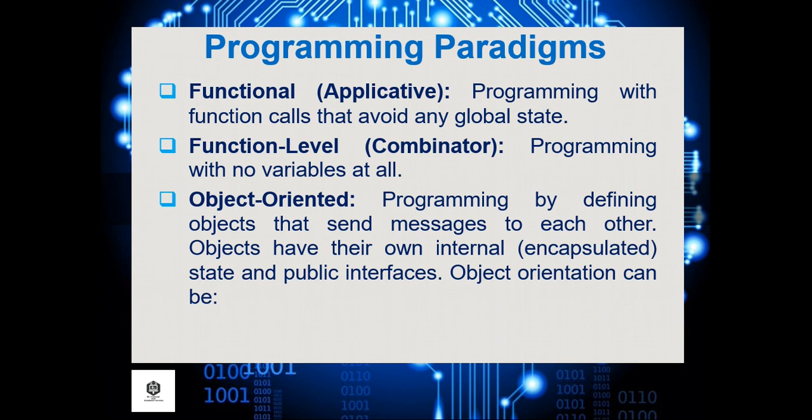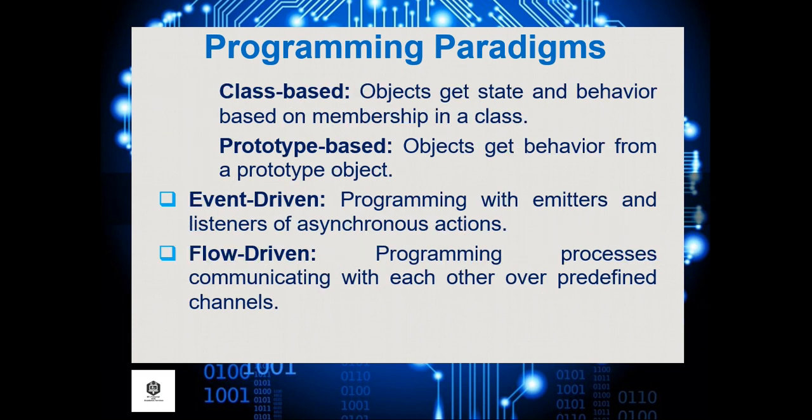While in object-oriented, programming by defining objects that send messages to each other; objects have their own internal encapsulated state and public interfaces. Object orientation can be class-based, where objects get state and behavior based on membership in a class, while prototype-based objects get behavior from a prototype object.